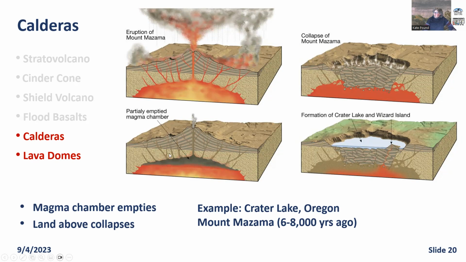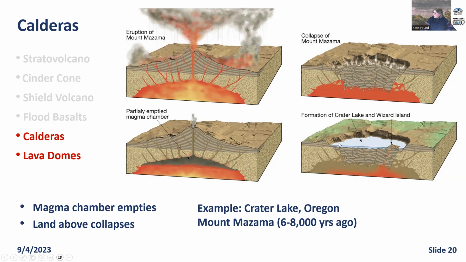And that means that the volcano structure can't be supported. So it essentially collapses downward, and that leaves this circular ring around what was once the edge of the volcano, where all the volcano bits kind of collapse down, and that will often fill with water.